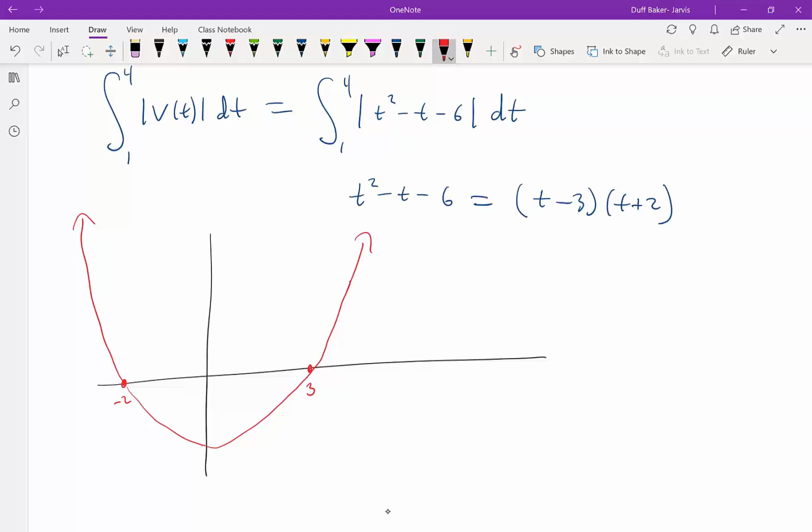Okay. And so what we see here is, this would be v of t without the absolute values, right? So this function is negative on this part, right? This is the part that's below the x-axis. So if we take an absolute value of v of t, well, on the positive parts, the absolute value doesn't do anything, so that part remains the same, right?